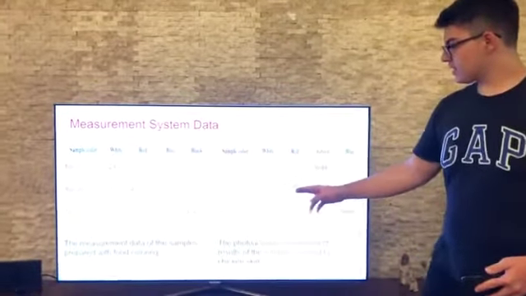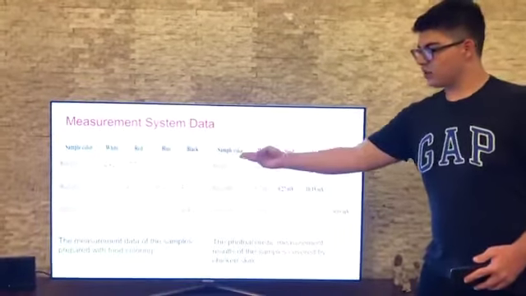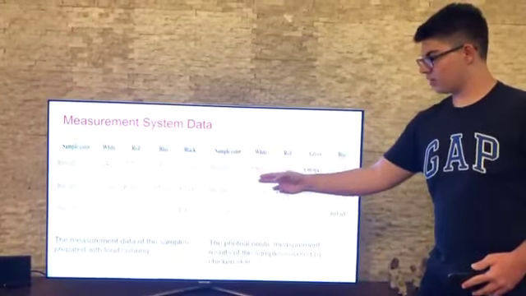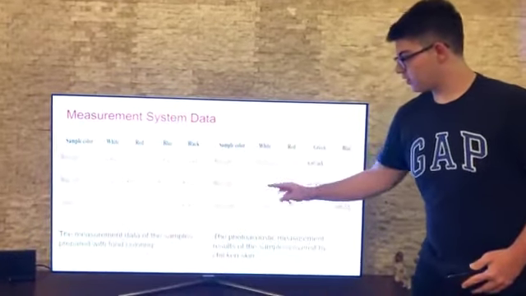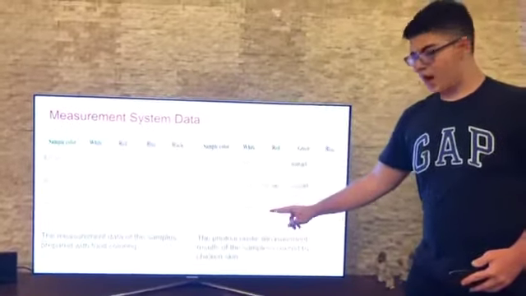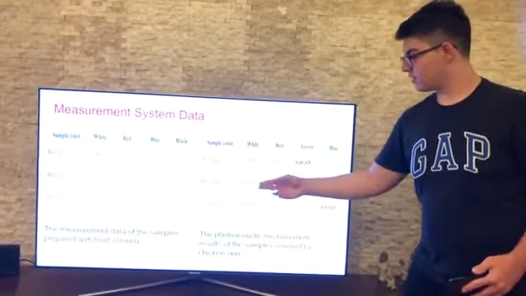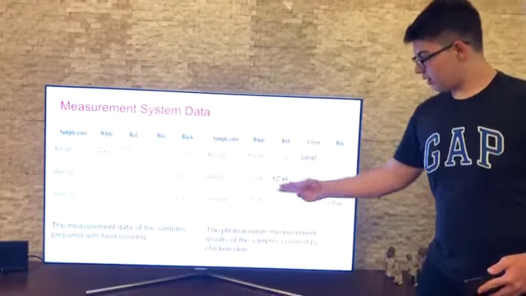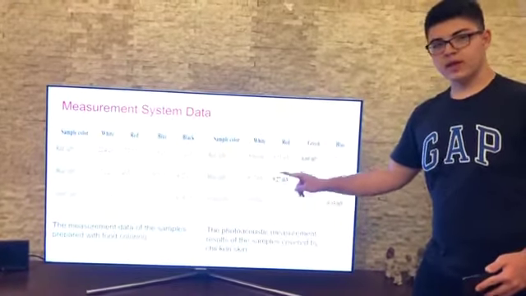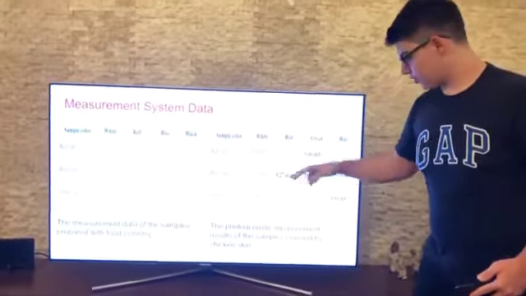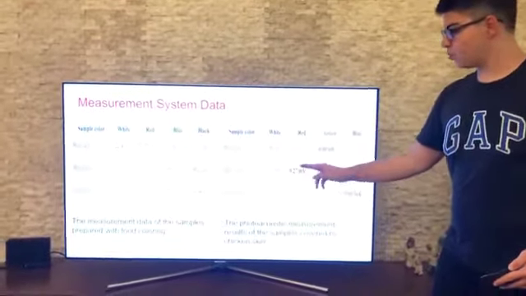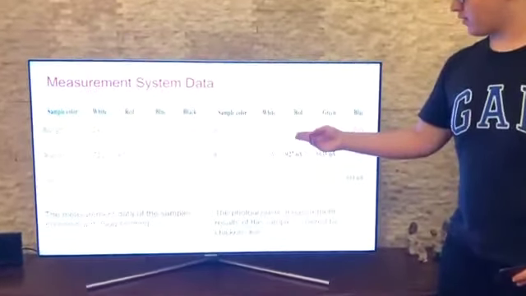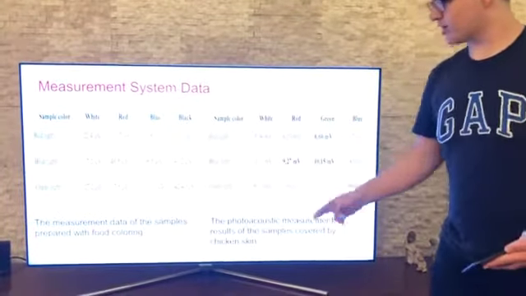So here we can see that, for example in a red sample, the red light and green light have lower data than blue light. And with this bigger potential difference, we can see that we can identify a red area with blue light, for example.